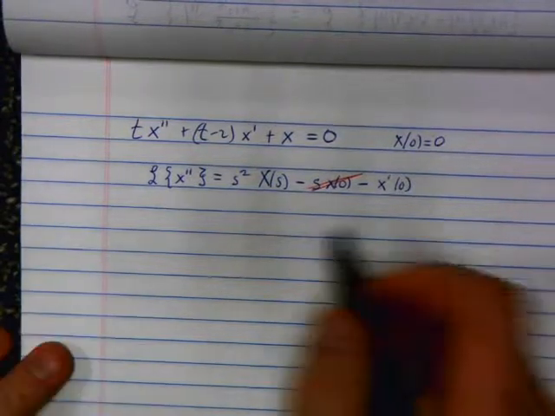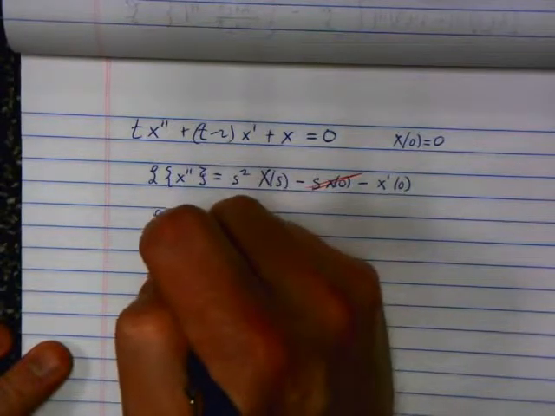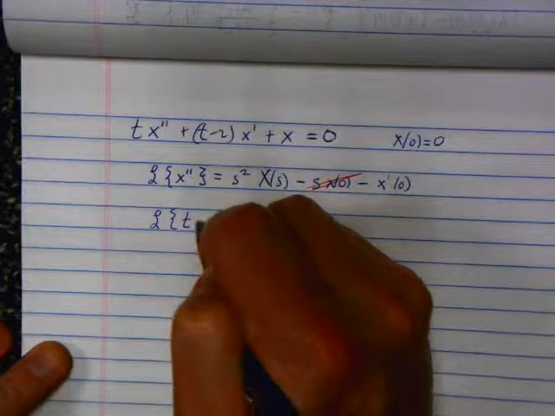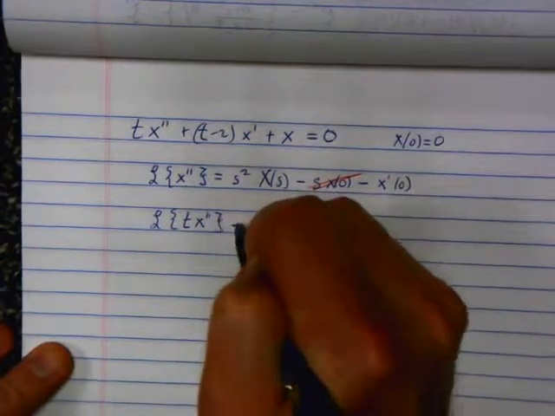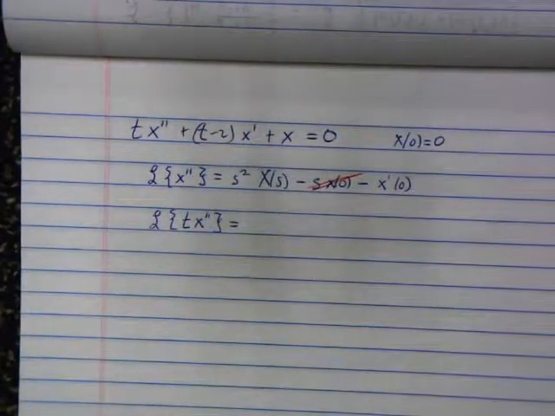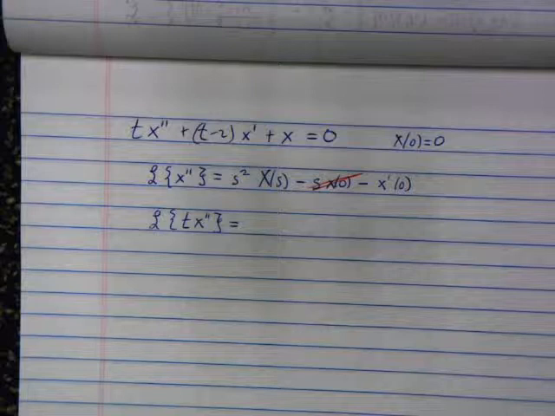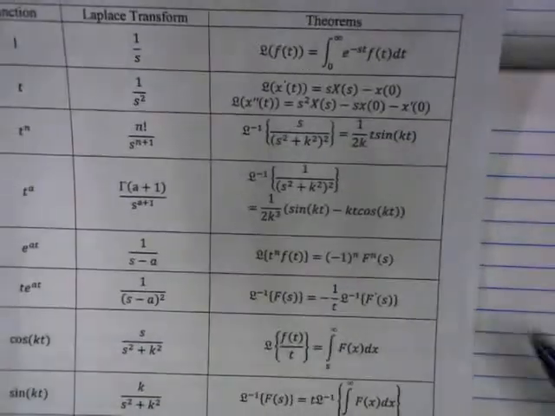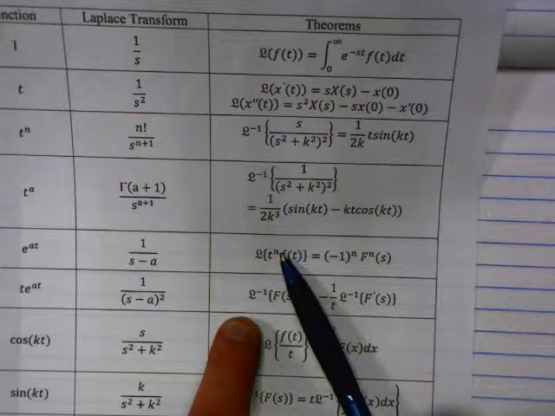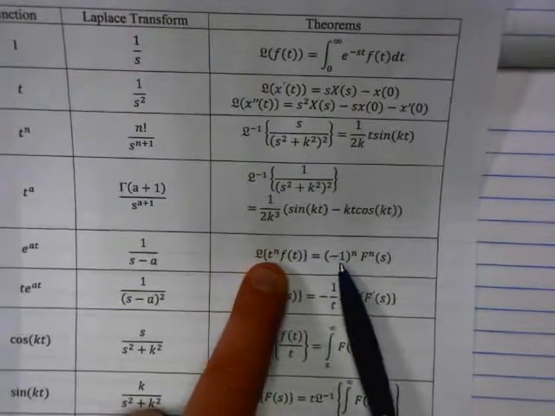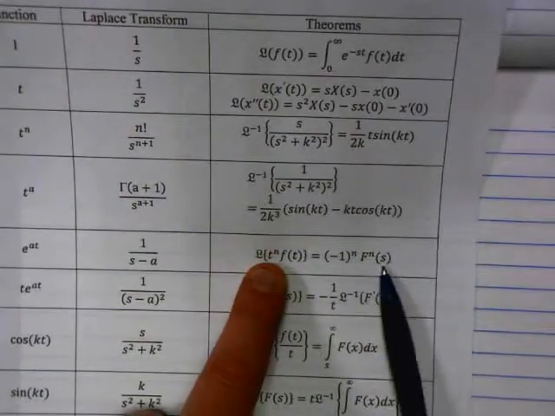But we really need the Laplace transform of t times the second derivative. What does multiplying by that t force me to have to do? Not integrate. When I divide by t, I integrate. When I multiply by t, I take the derivative. That was our theorem that we just had. When I have t to the 1, I multiply by a negative 1, and I take the first derivative.